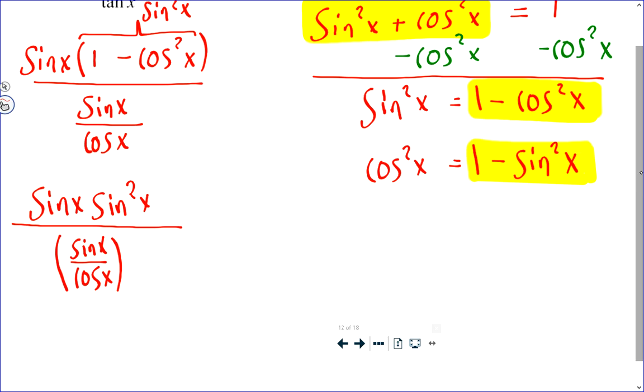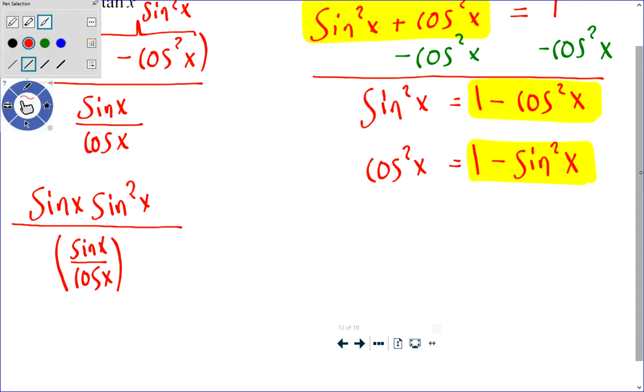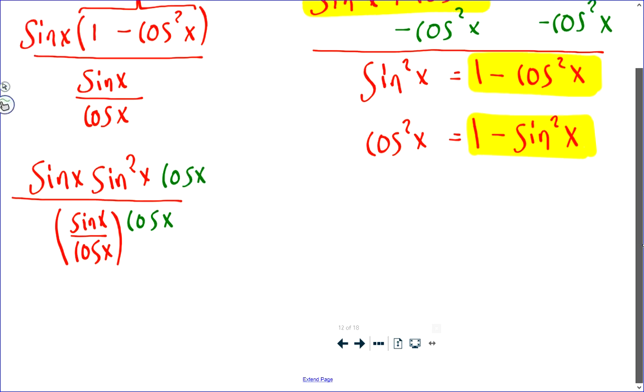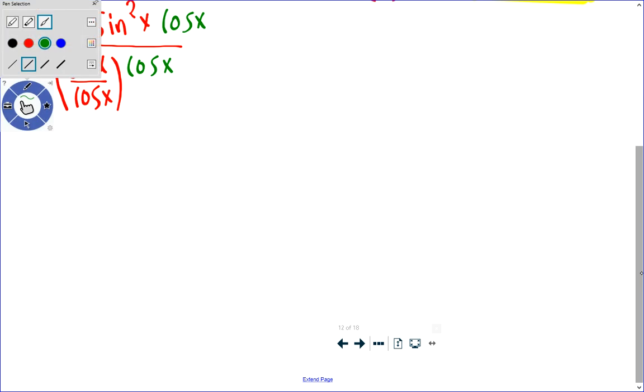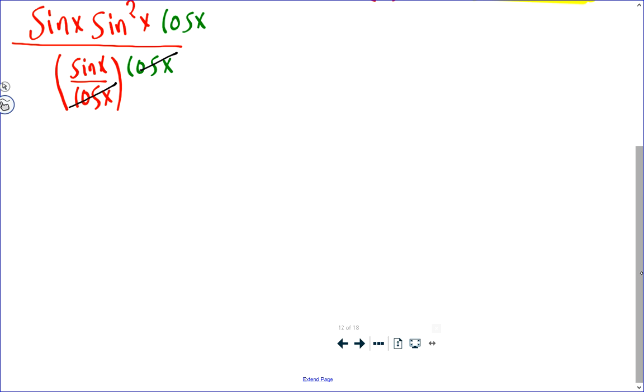In order for you to eliminate that denominator of cosine of x that's on the bottom, you need to multiply the bottom of this expression and the top of this expression by cosine of x. What happens here is the cosine of x on the bottom cancels with the cosine of x on the bottom of the bottom.